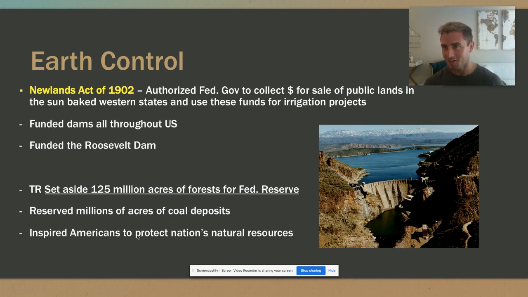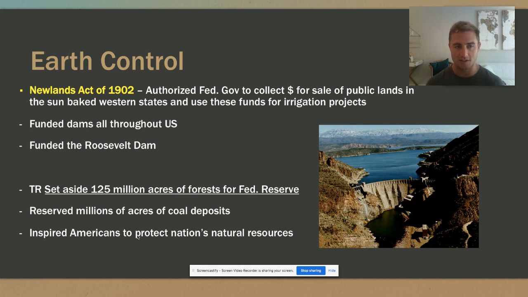Conservation. The longest lasting impact of Teddy Roosevelt was conservation. While he doesn't set aside the most land of any president, he is going to make conservation popular and an objective of the federal government.